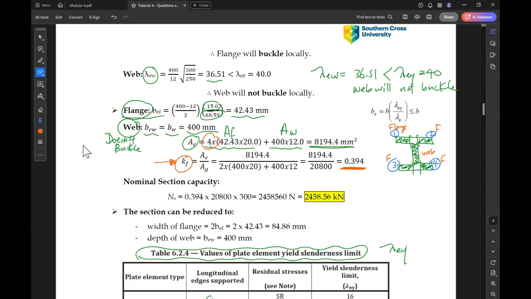So finally, the nominal section capacity Ns equal to Kf times area gross times F yield, equal to 2458 kilonewton.